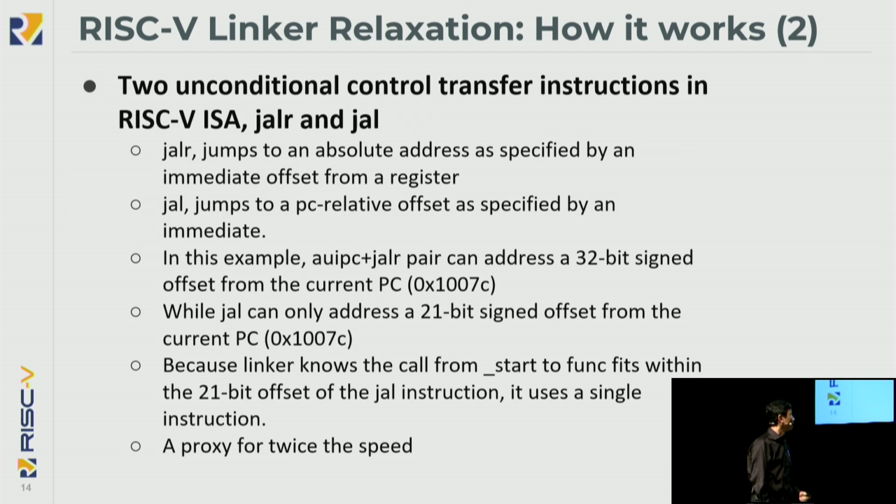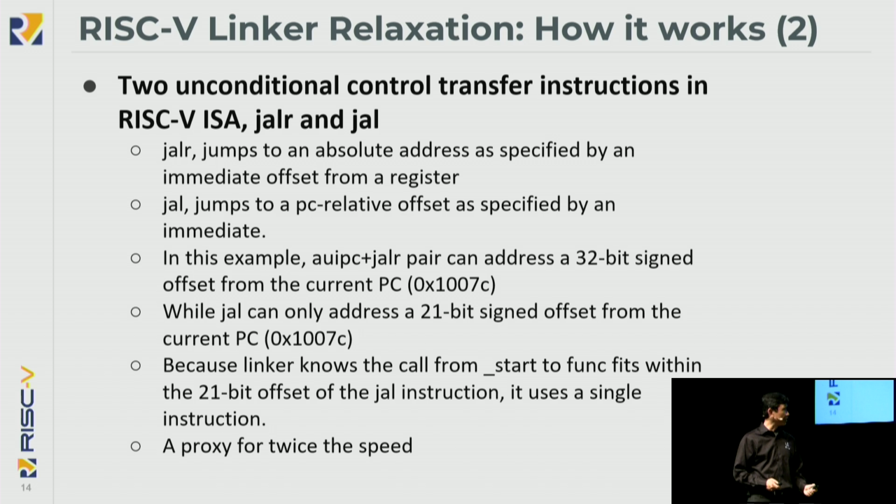But the benefit actually comes from the fact that, for example, in the RISC-V ISA itself, there are two unconditional control instructions available, namely the JALR and the JAL, where the JALR allows you to jump to an absolute address, whereas the JAL only allows you to jump to a PC-relative offset.